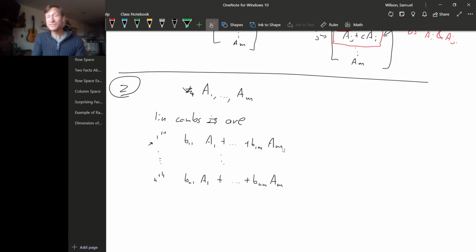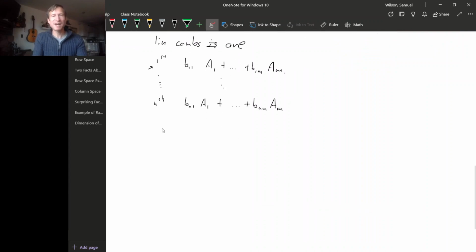So here are a bunch of different linear combinations. Now let's do a linear combination of these linear combinations.